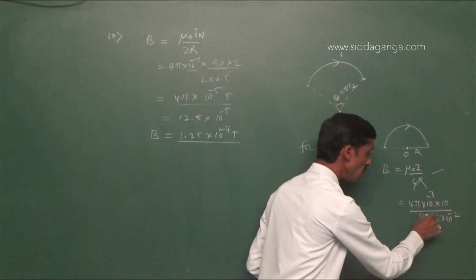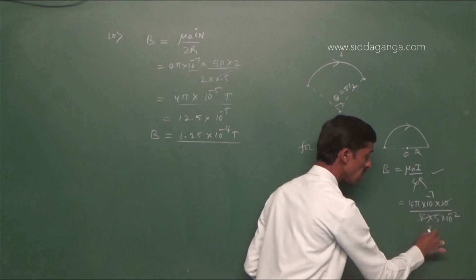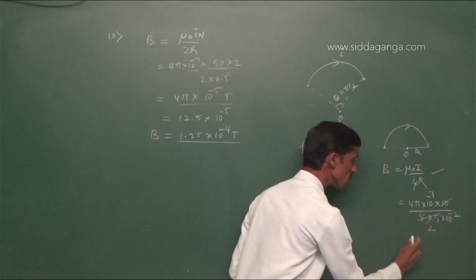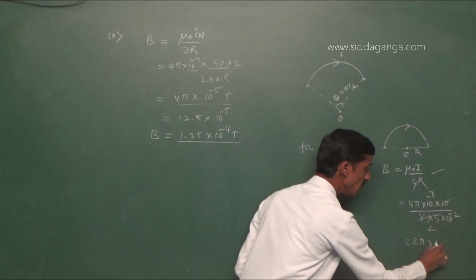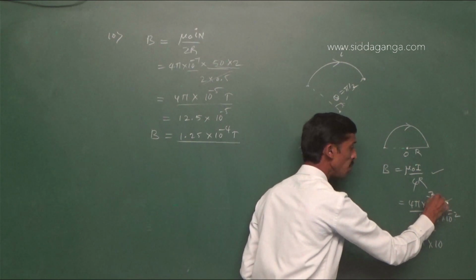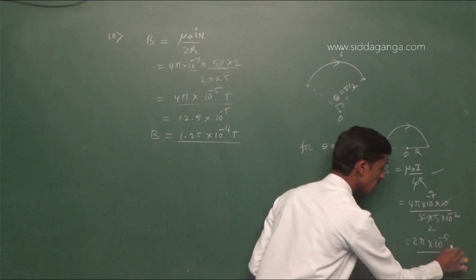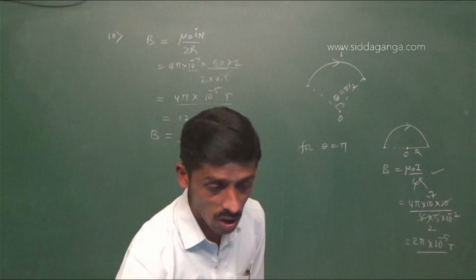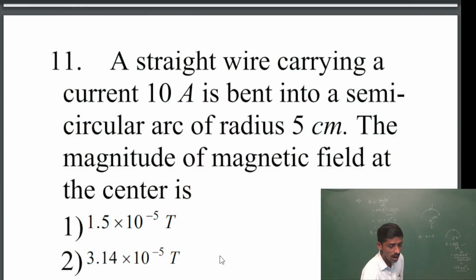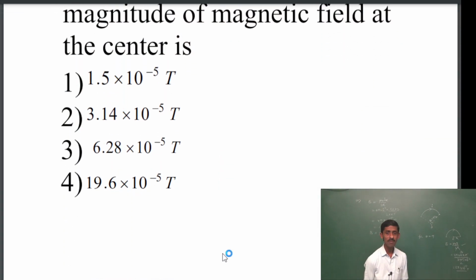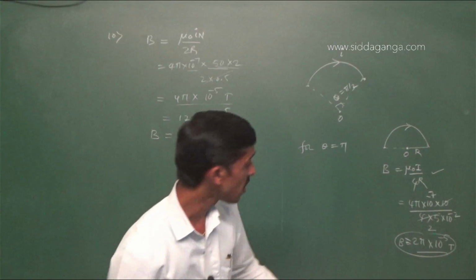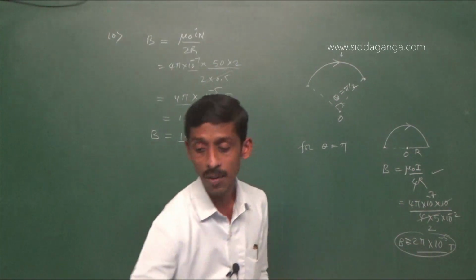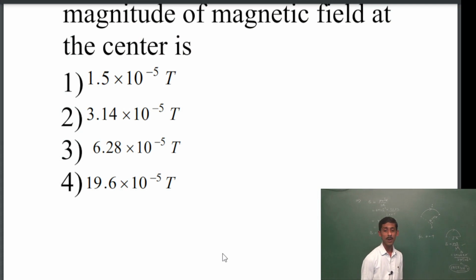So 4 pi by 2 is nothing but 2 pi. 2 pi into 10 to the power of minus 2 plus 2, so 10 to the power of minus 5 Tesla. 2 pi into 10 raised to minus 5 Tesla. If you observe the options, instead of giving 2 pi, it is given 6.28 into 10 to the power of minus 5 Tesla. You can see it in the third option.